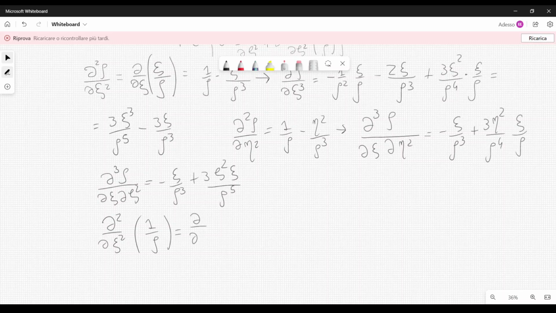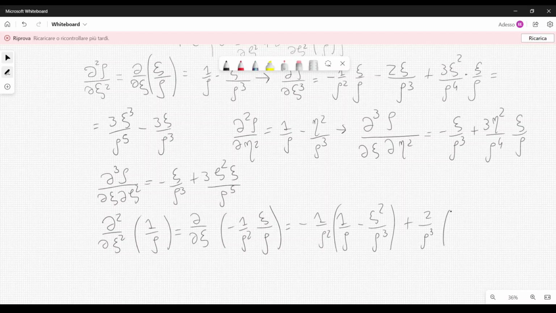This is the derivative with respect to xi of minus 1 over rho squared times xi over rho, which is minus 1 over rho squared, 1 over rho minus xi squared over rho cubed, plus 2 over rho cubed times xi over rho squared, which is equal to minus 1 over rho cubed plus 3 xi squared over rho to the fifth power.